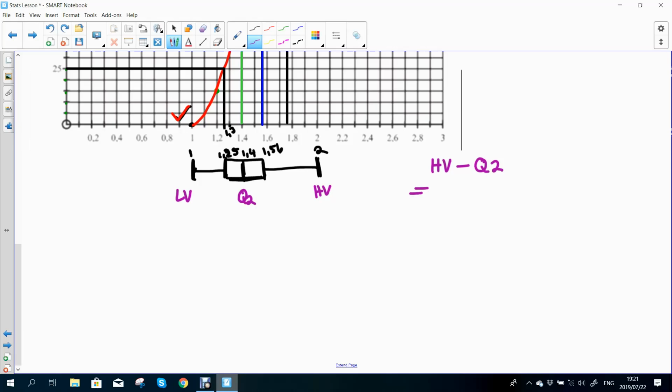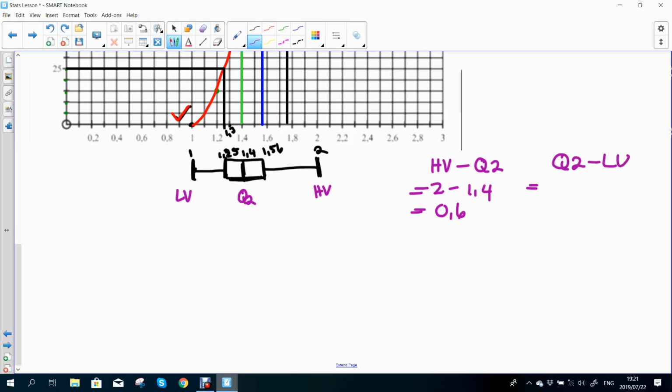So I'm going to say that is 2 minus 1.4. Okay, and we're going to work that out, and we get 0.6. Then I'm going to find out what is the difference between my middle and my lowest value.